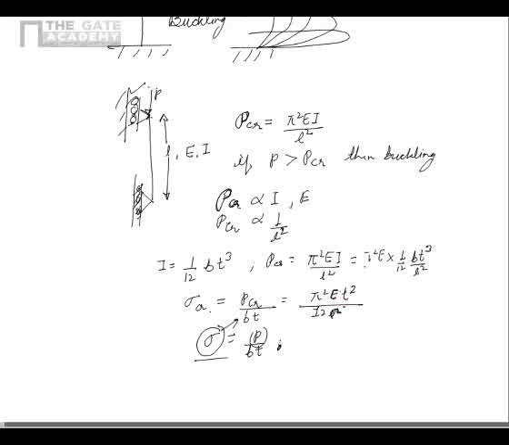So overall the same force creates a very small compressive stress, but it creates a very large buckling stress. And long columns, very high columns, are prone to buckling rather than failing under compressive stress. Now let's see a few examples.